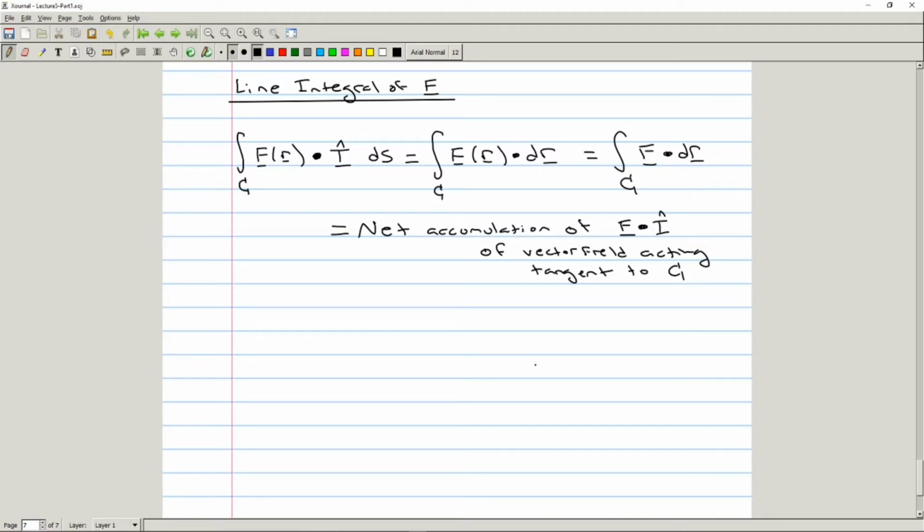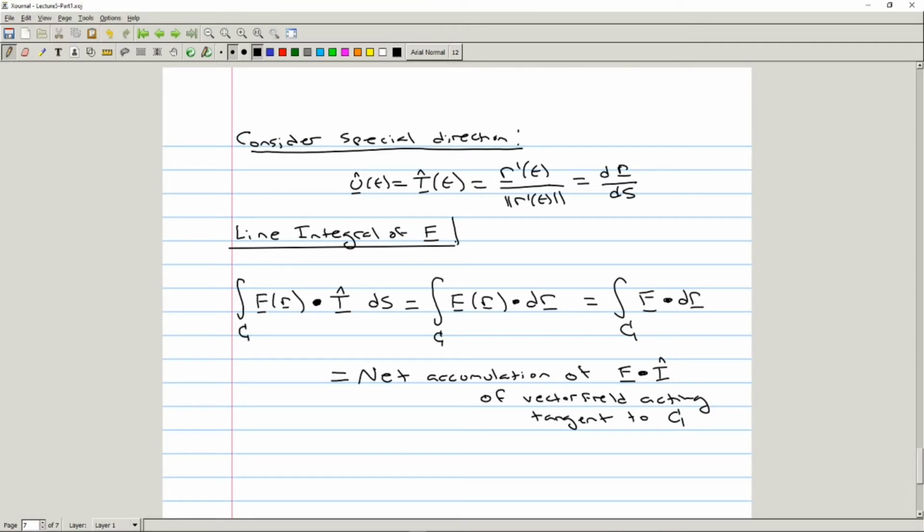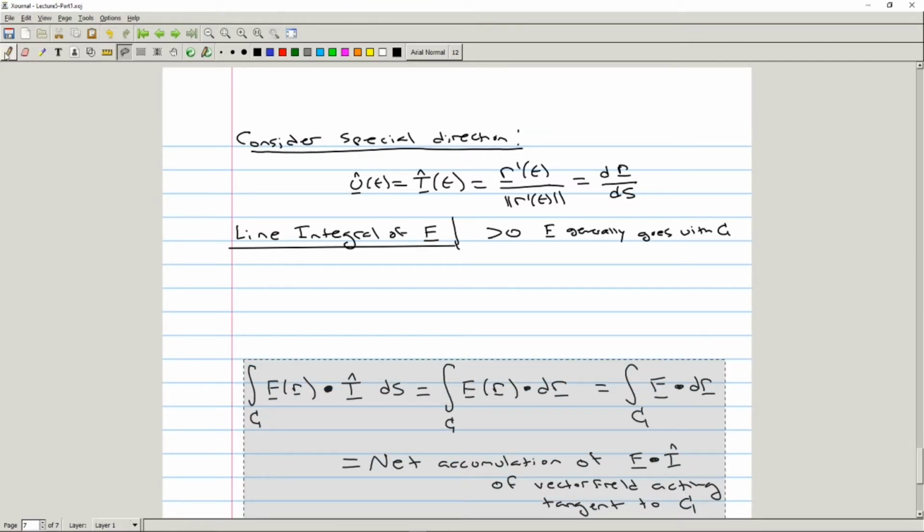If this value is positive, that means that in general f generally goes with C. If it's less than 0, then more often than not, f goes against C. And if it's equal to 0, then f goes equally with and against, so that kind of balances out. Direction.